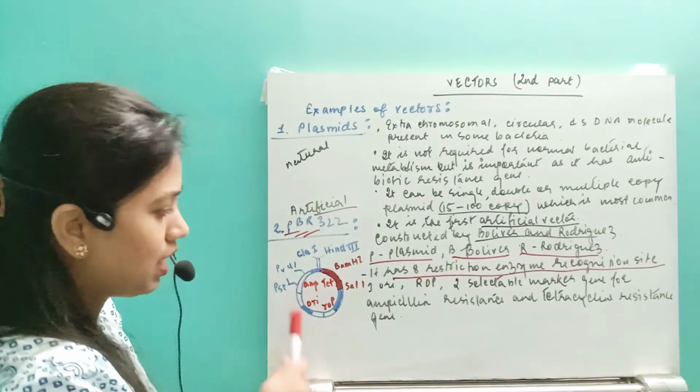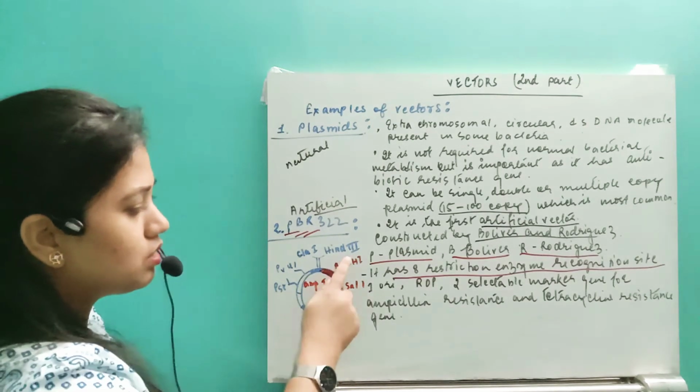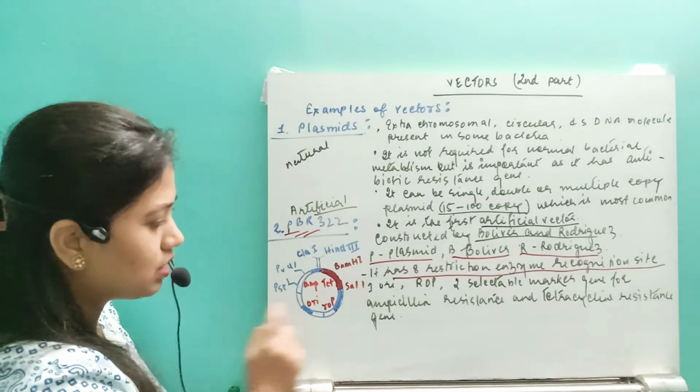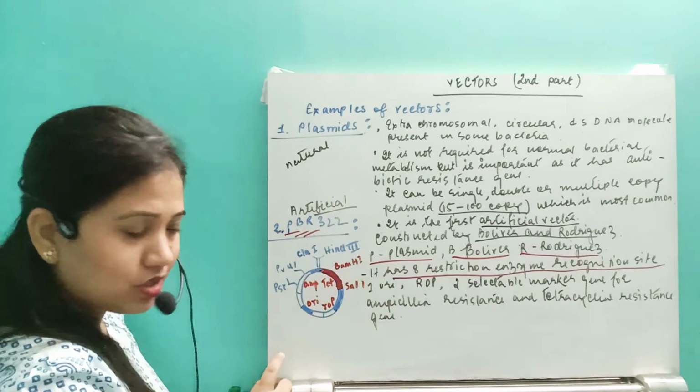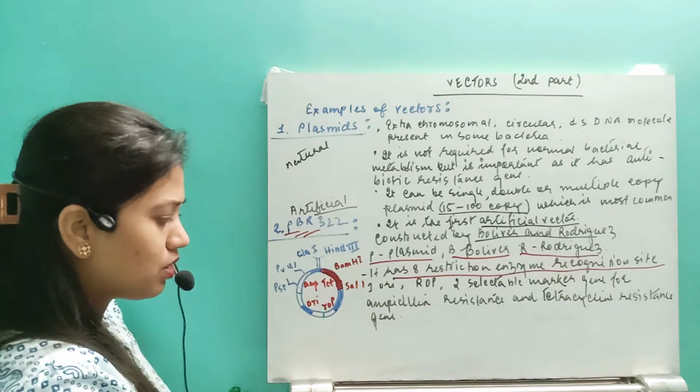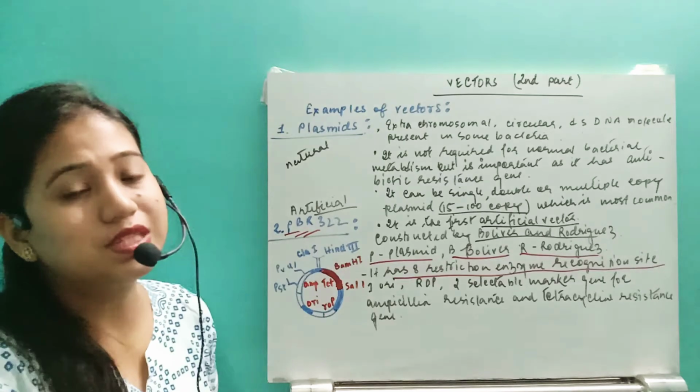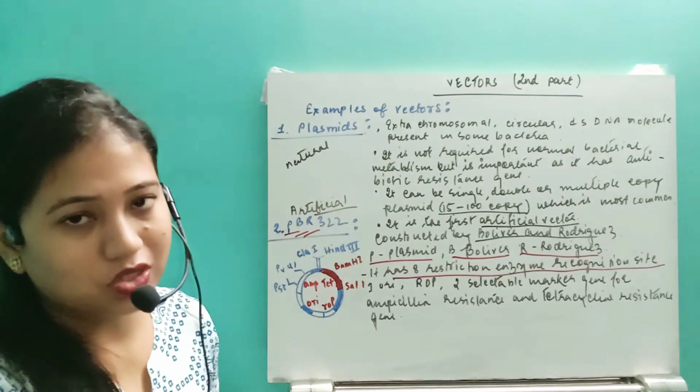I have already shown here, suppose HindIII will cut only in this region, so this is a recognition site. BamHI, this is one recognition site. SalI, this is one recognition site. PstI, this is one recognition site. PvuII, ClaI, these are all recognition sites.